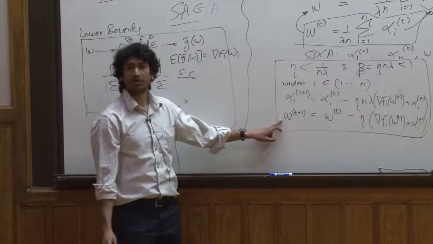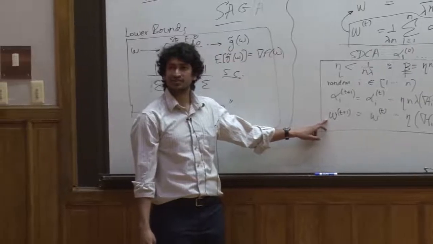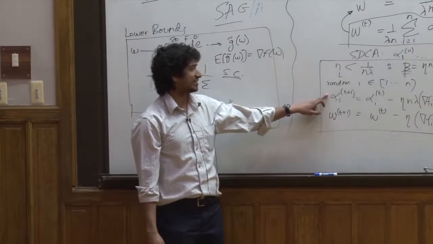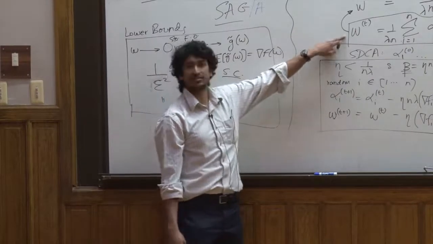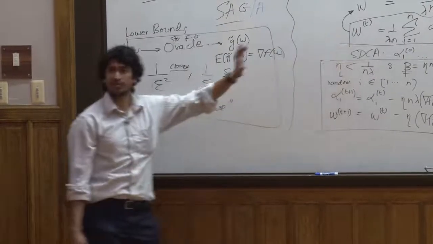Any questions on what the algorithm is doing? It's just updating alpha at each step and updating W just to maintain this relationship.